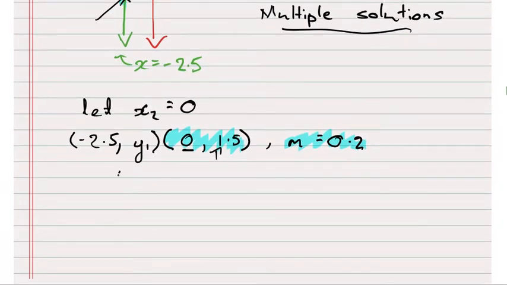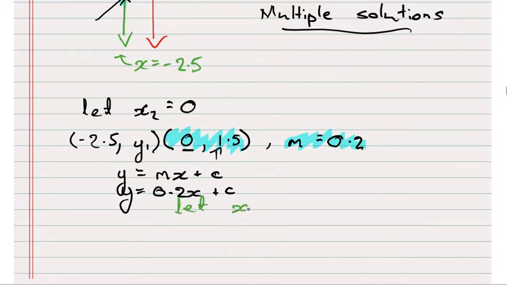So writing it out, we know that y equals mx plus c, and we know that m is equal to 0.2, so it becomes 0.2x plus c. And here's where the magic begins. We're going to say let x and y equal these values up here. So 0 and 1.5.